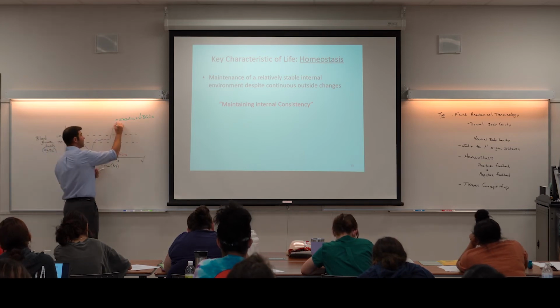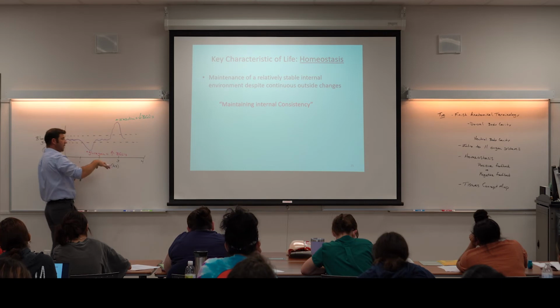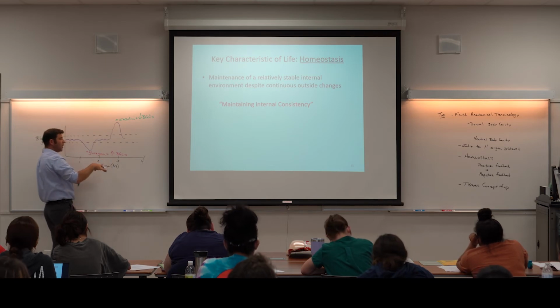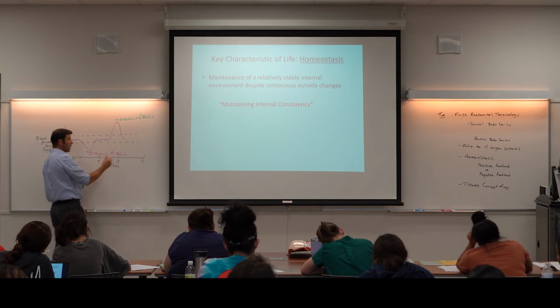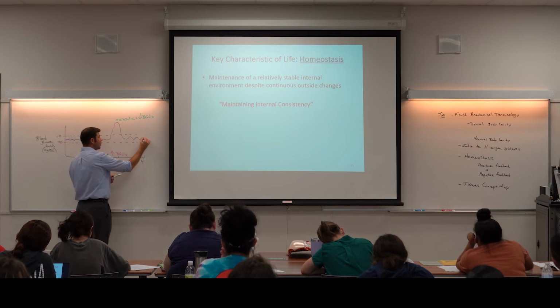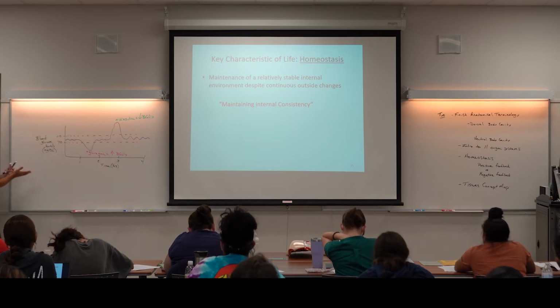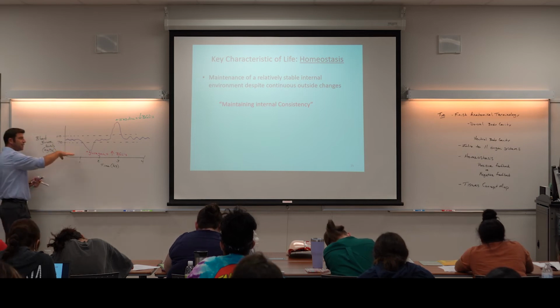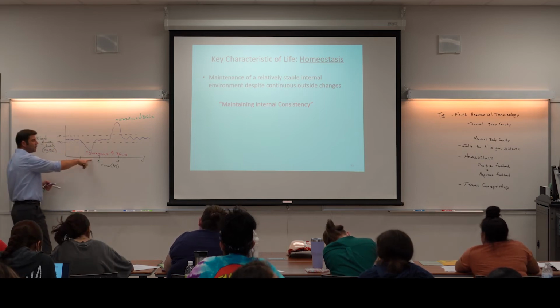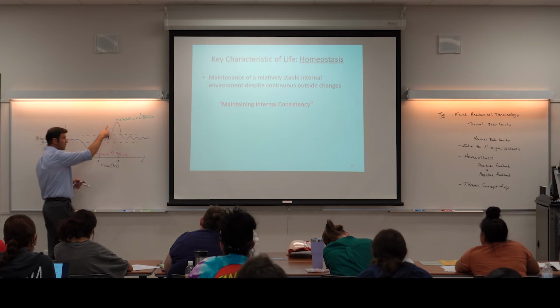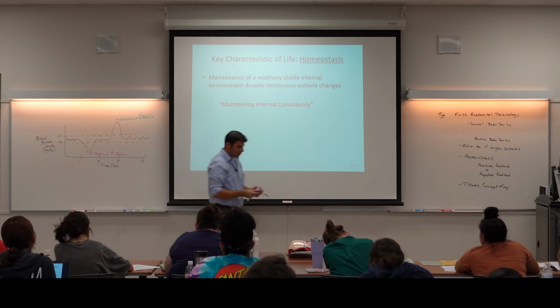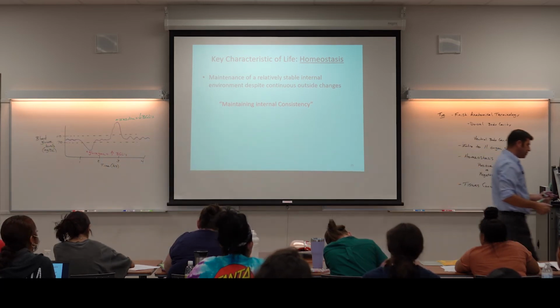So insulin takes us right back down within this normal range. And thankfully, with the 2 signals of glucagon and insulin, we can stay within this tolerable range. So having a set point and being able to maintain internal consistency despite fluctuations like skipping lunch or eating a big bag of Halloween candy, you can maintain consistent blood glucose levels.